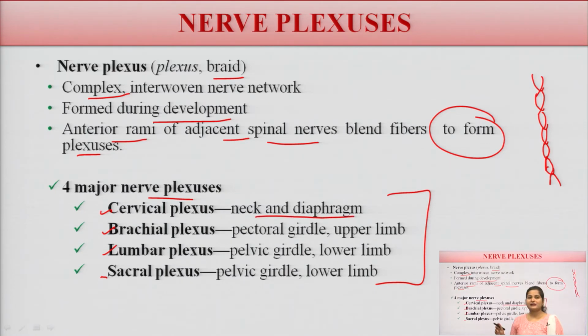In the cervical plexus, it is from the neck to the diaphragm. It is present in the neck and the diaphragm. Brachial plexus is in the pectoral girdle and the upper limbs. Lumbar is the pelvic girdle and the lower limb, and the last one is sacral, that is the pelvic girdle and the lower limb. Okay.